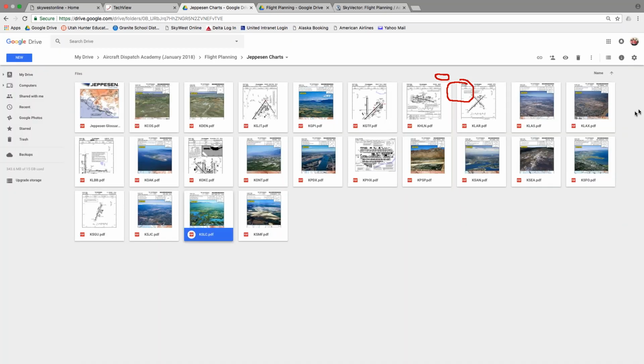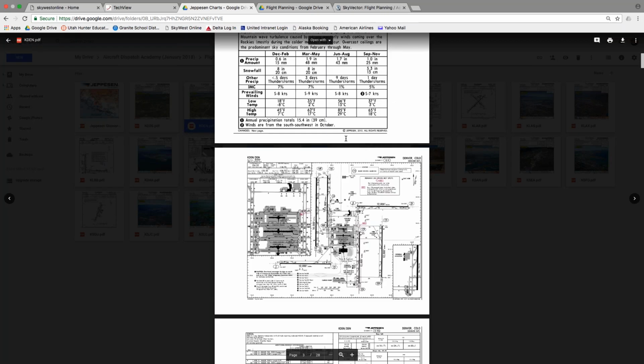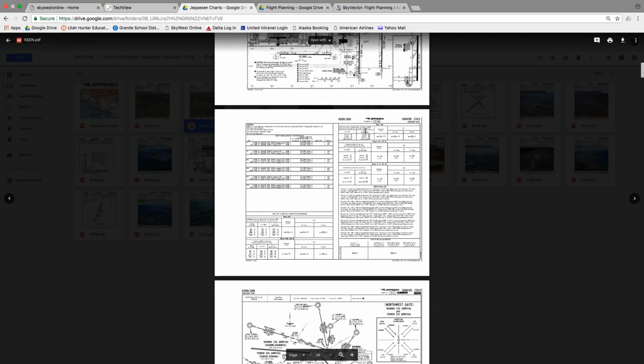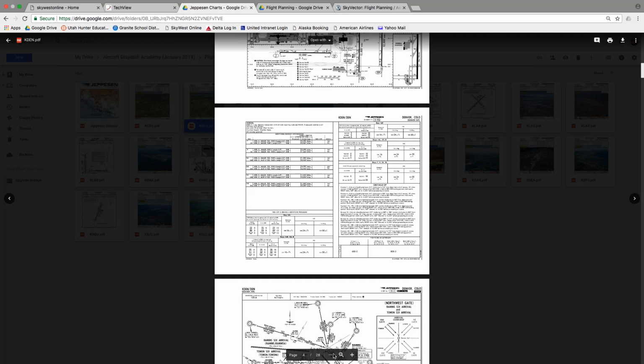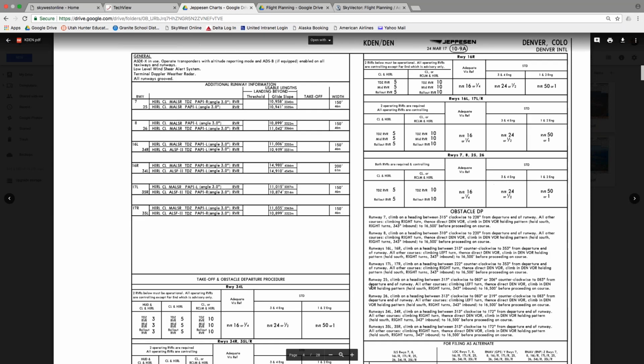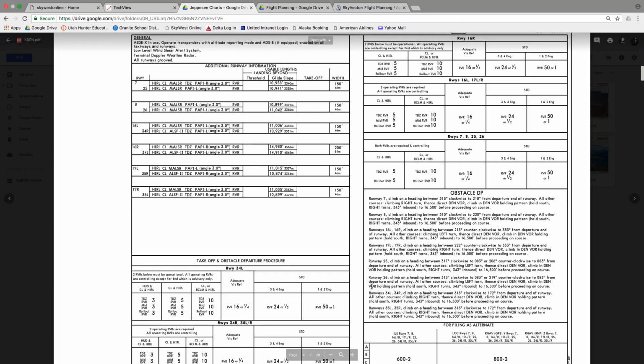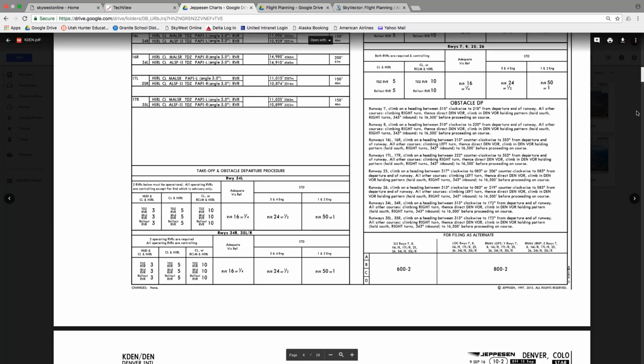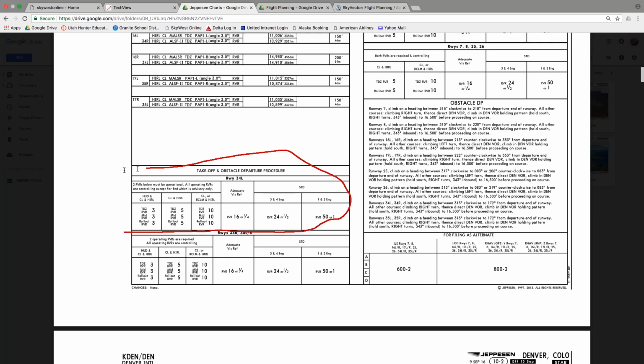Denver. Oh, I clicked Salt Lake. We're in different airports. Denver, it's still going to be the 10-9 alpha chart, right? So our 10-9 chart, runway 34 left, standard, 1 and 2 engines. 5,000 or 1 mile.